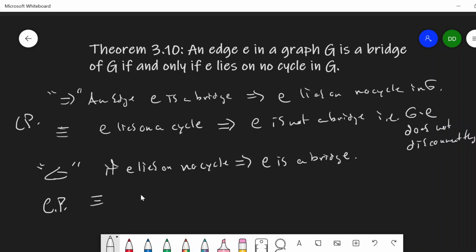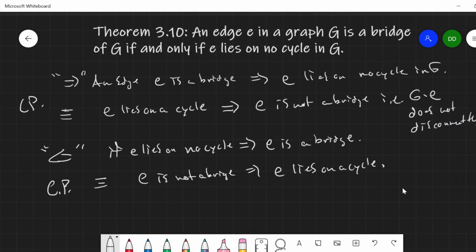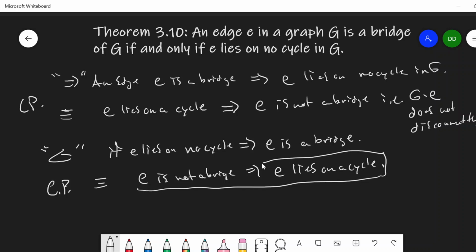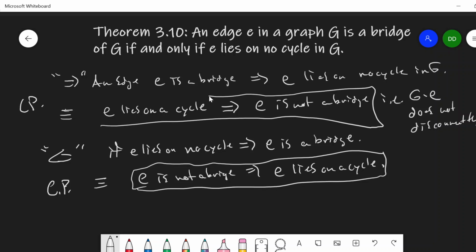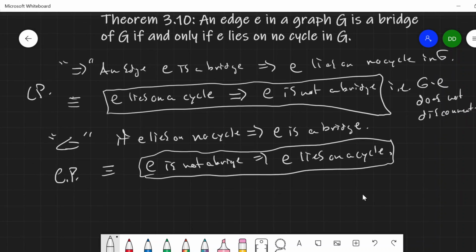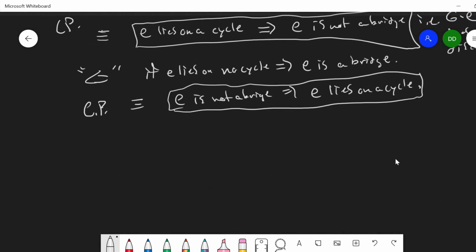This is equivalent to: if E is not a bridge, then E lies on a cycle. So we're going to prove both of these contrapositives to prove this. Working with the contrapositive gives us a little bit more to work with. So let's prove it.